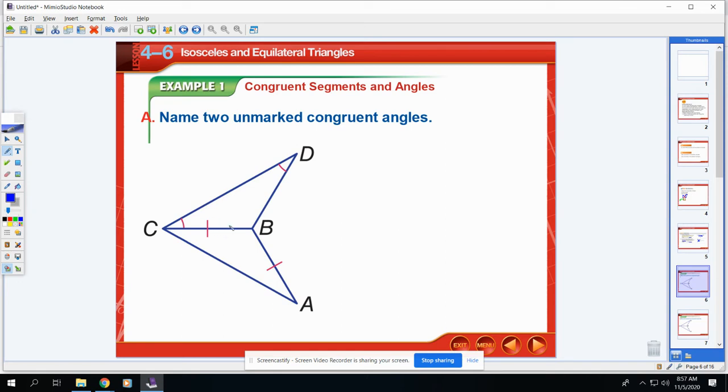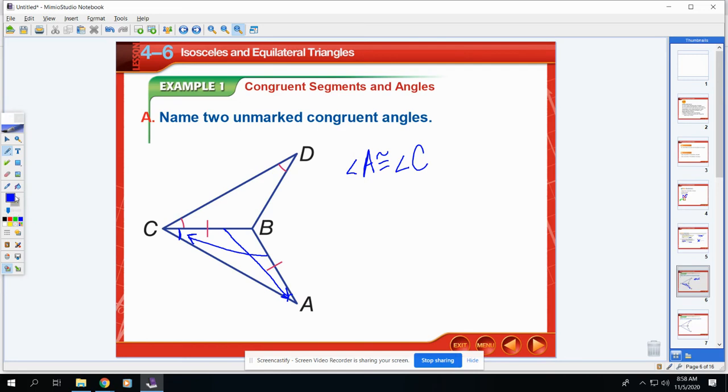If I am looking at CB, the only angle I can draw an arrow to with a straight line would be angle A. So angle A will be congruent to the angle that is opposite of AB. The only angle we could reach from AB would be angle C. So we're going to say angle A is congruent to angle C.